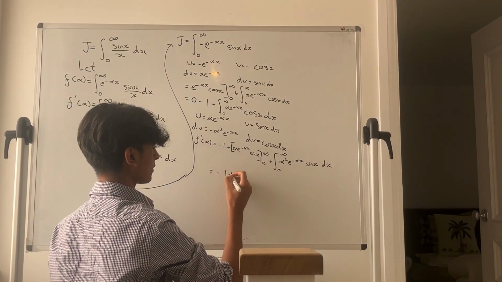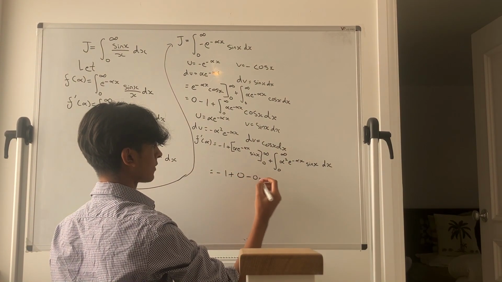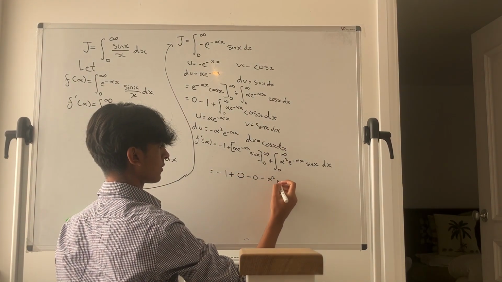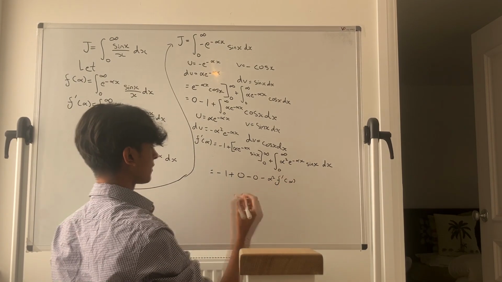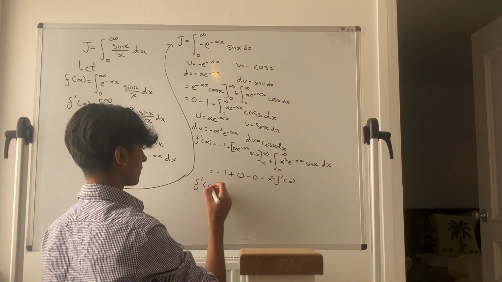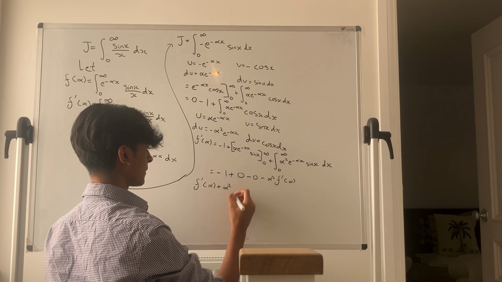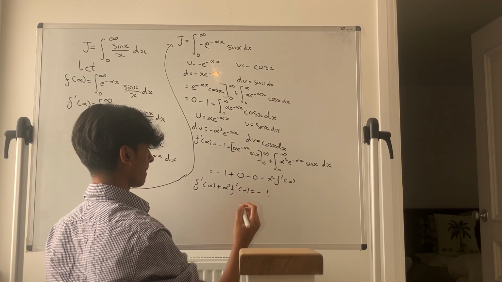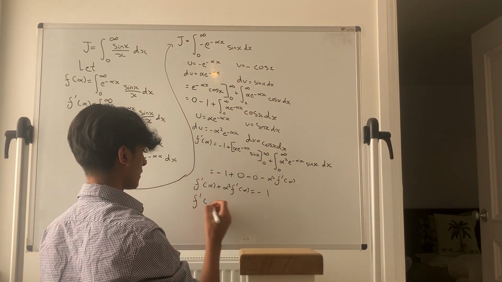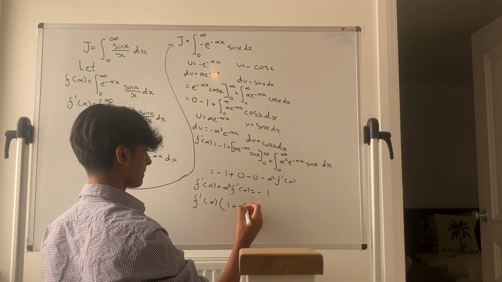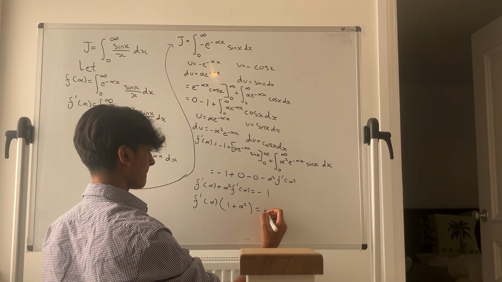Evaluating alpha e to the negative alpha x times sine of x from 0 to infinity will give us 0, and taking alpha squared outside of the integral, that is simply the original f prime of alpha multiplied by minus 1. So I can write f prime of alpha plus alpha squared times f prime of alpha equals minus 1.